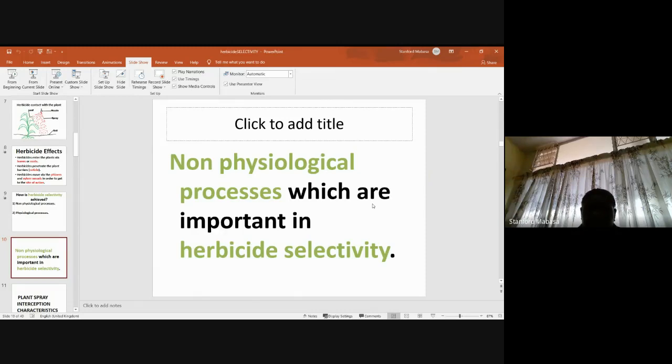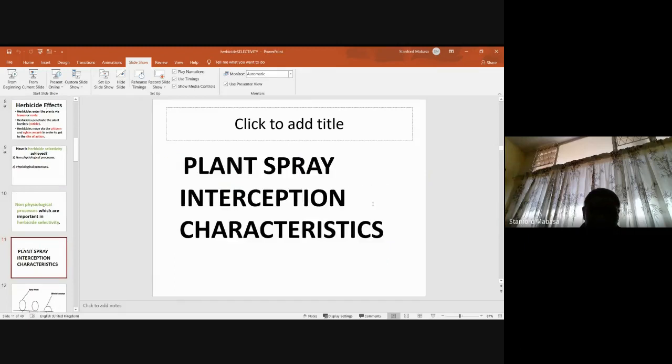So let us talk about non-physiological processes which are important in herbicide selectivity. The first we are going to talk about is plant spray interception characteristics.